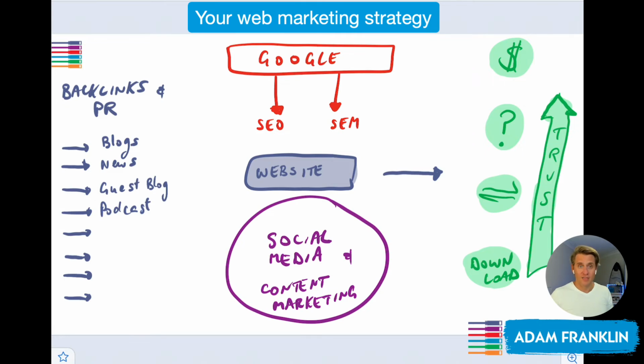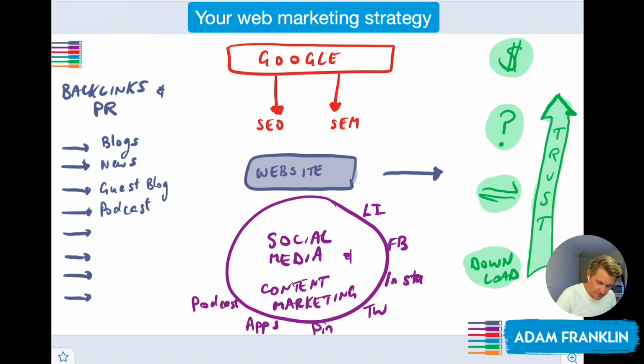Right, so this includes things like LinkedIn, Facebook, Instagram, Twitter, maybe Pinterest. I include apps in here, your own podcast, your own webinars, your own email marketing, YouTube, etc., etc. All right, and so what we find here is that you don't need to be on all of them. I'm just giving you a list of the main ones here.